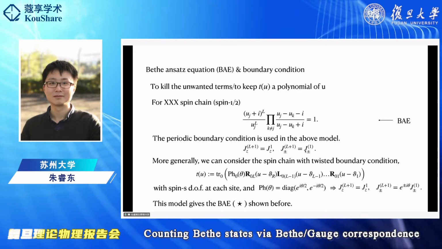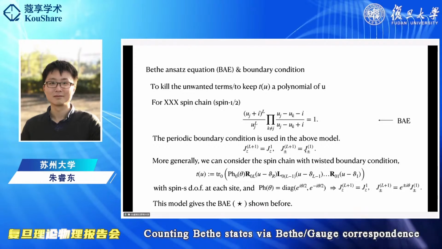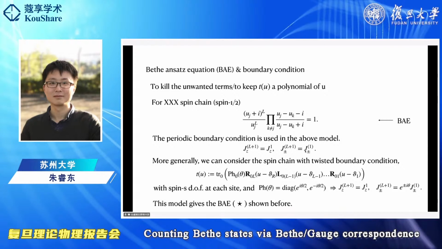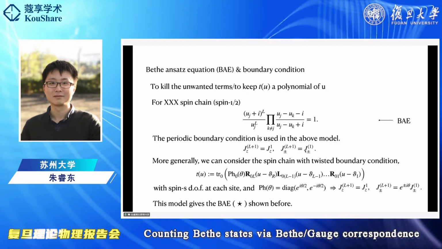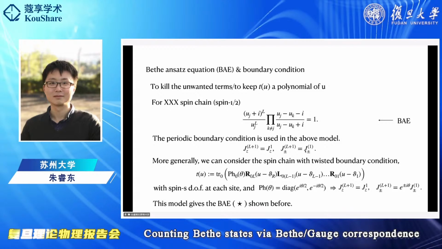Of course, in this case we are only taking the trace of the product of R matrices. This corresponds to the periodic boundary condition of the system. One can also consider some more general boundary conditions. For example, one boundary condition that will be very interesting in the later half of our talk is that when we go around the spin chain, we add a twist into the chain.